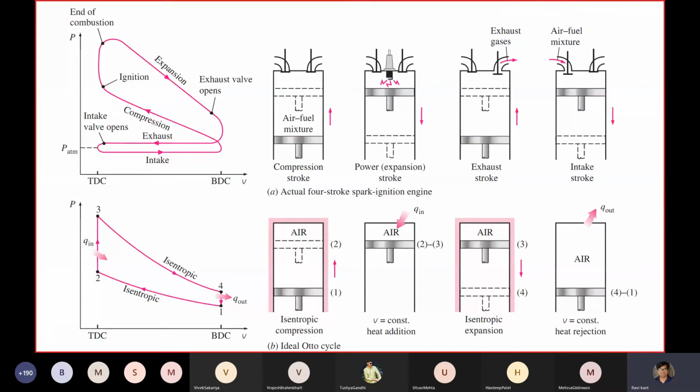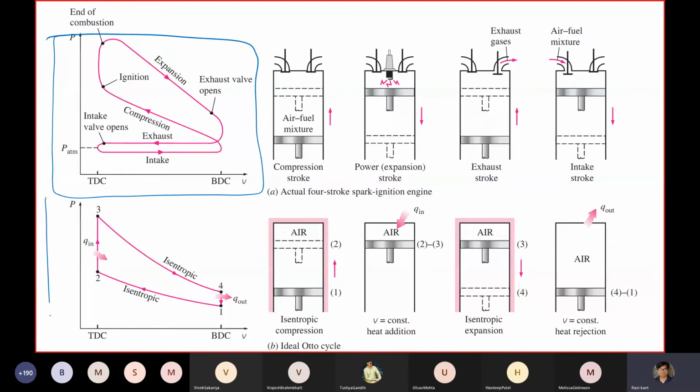So this is what I am talking about. This is your real cycle, and this is your Otto cycle that I have talked about. So this particular cycle is approximated by this cycle, this PV cycle. Pressure and volume plot पे हम दिखाते हैं. So we start from 1.